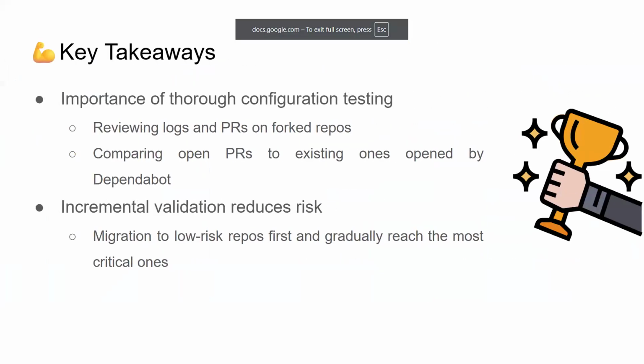My takeaways from working on this task were the importance of thorough configuration. As mentioned, reviewing the logs was really important to make sure that there are no unexpected PRs opened or any rules blocked by mistake. I first compared the open PRs on my forked repo before merging them to the main Antrea repos.